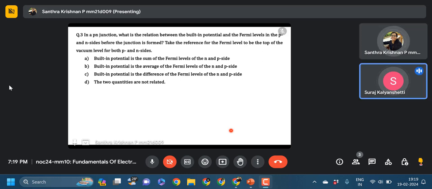Okay, let me draw. After formation? Yeah, you can draw it after formation as well, but they are asking the question for the P and the N sides before the junction is formed.